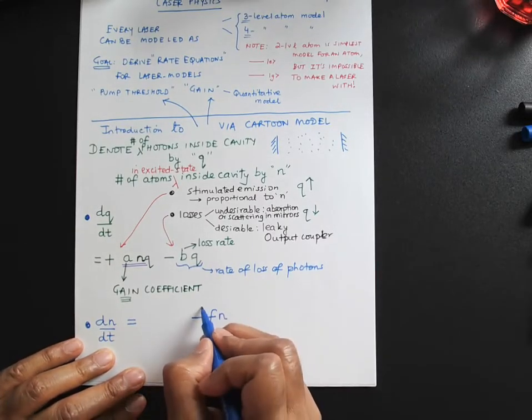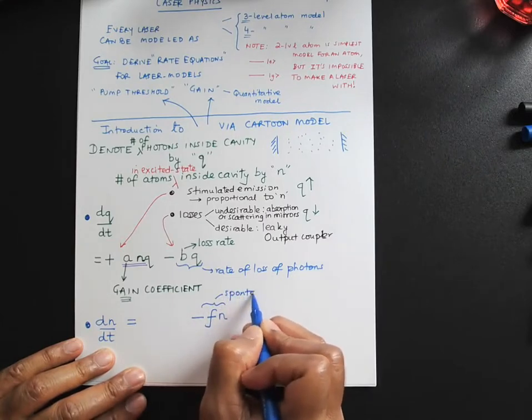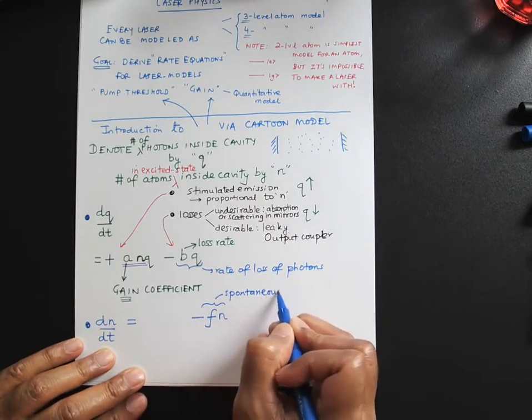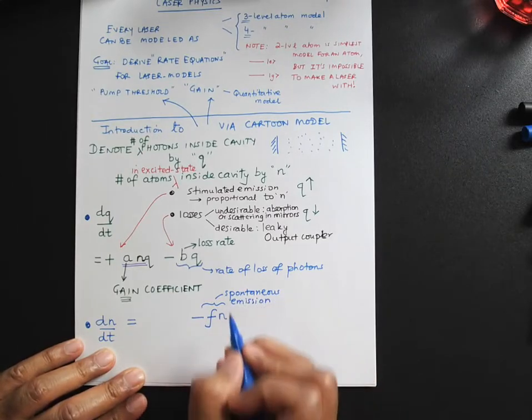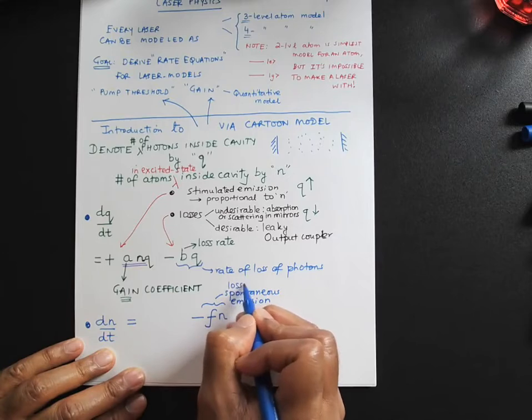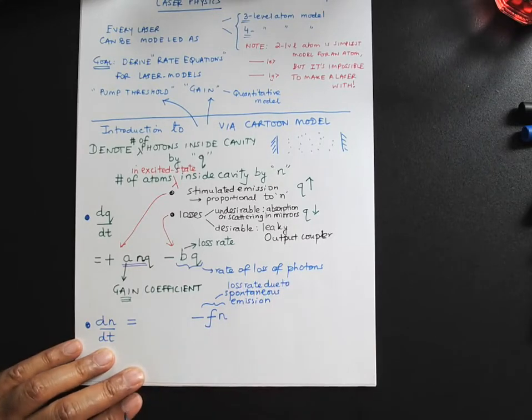So then this would be the spontaneous emission rate. Okay, so this is a loss rate due to spontaneous emission.